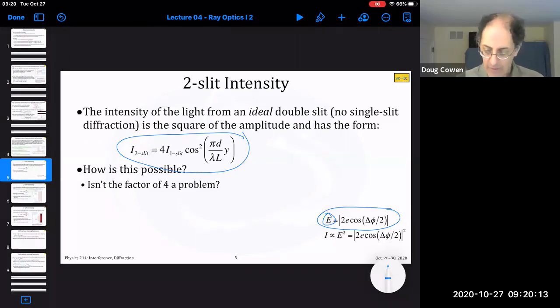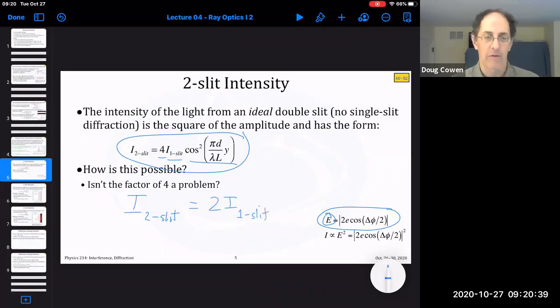If you work through the details, you see that the two-slit intensity is equal to 4 times the one-slit intensity times cosine squared. So the question is, how is this possible, and isn't the factor of 4 a problem? I mean, you would have expected that the two-slit intensity was equal to just 2 times the one-slit intensity, right? Because you have light coming through 2 individual slits.